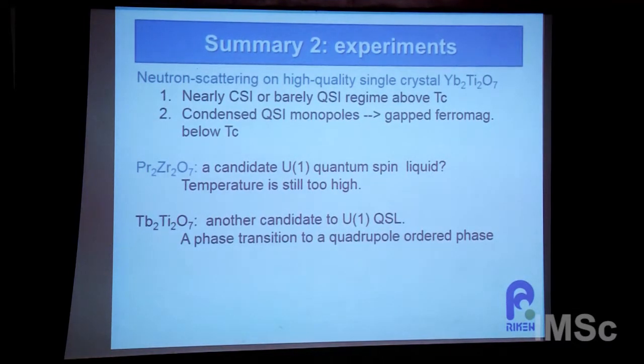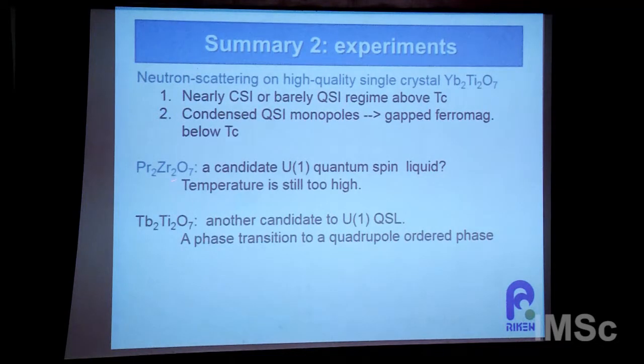The summary of these talks, the last third talk. So for ytterbium titanate, it seems that the charge 1 Higgs ferromagnetic phase description looks to be working nicely for comparison with the experiment. And for the praseodymium materials, praseodymium pyrochlores, this could be a nice candidate for hosting a U1 quantum liquid ground state.